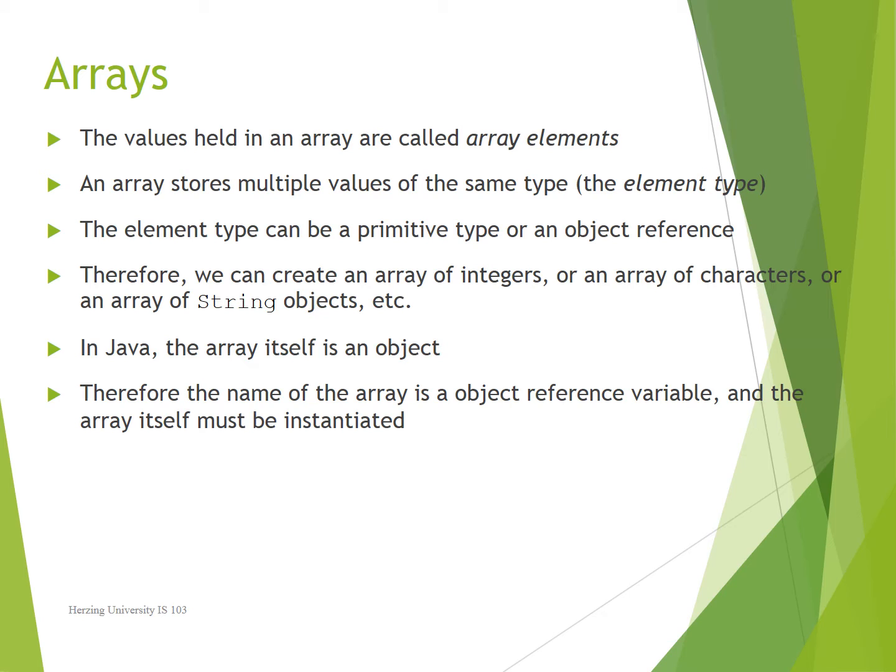Therefore, we can create an array of integers, or an array of characters, or even an array of string objects, and so on. In Java, the array itself is an object. Therefore, the name of an array is an object reference variable, and the array itself must be instantiated.